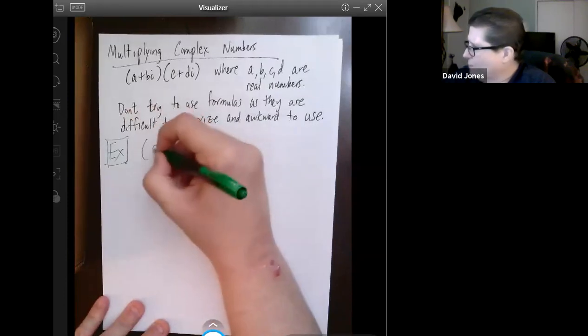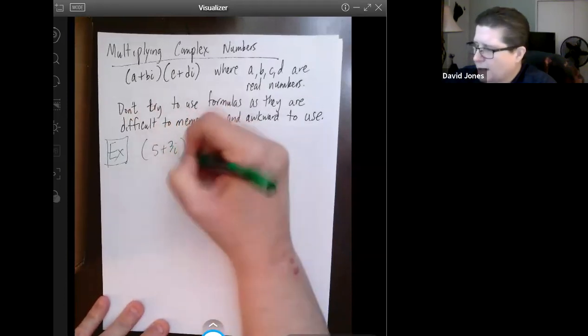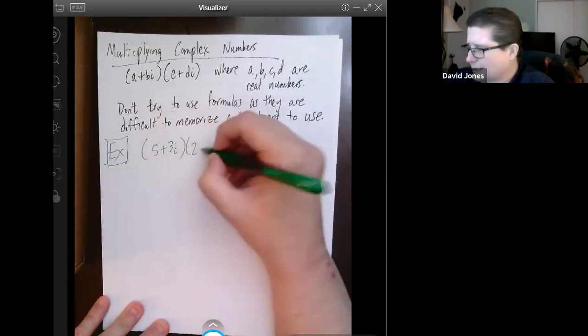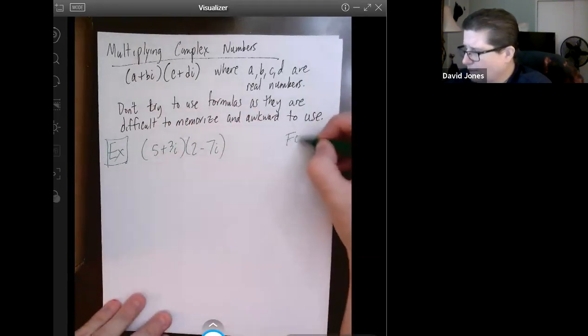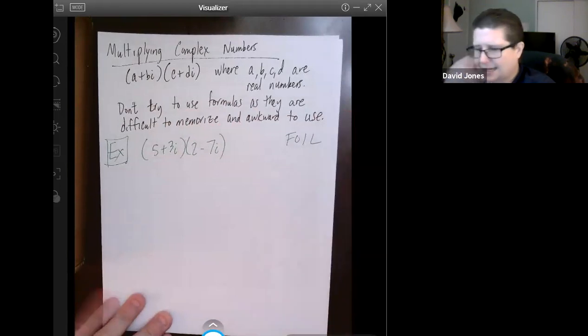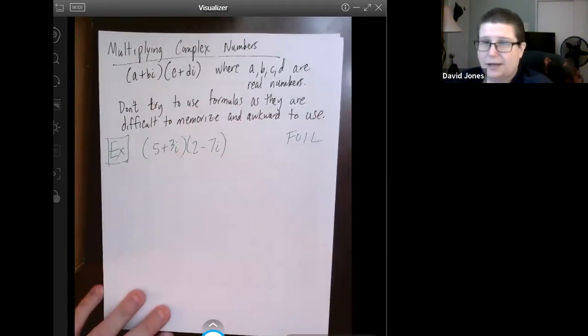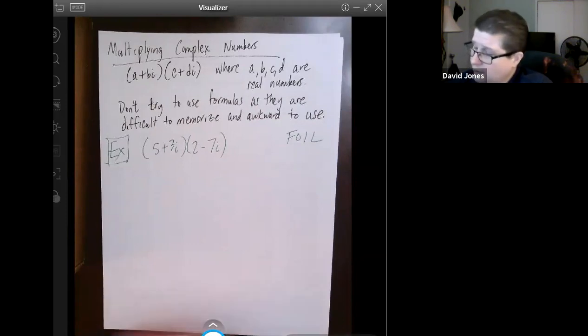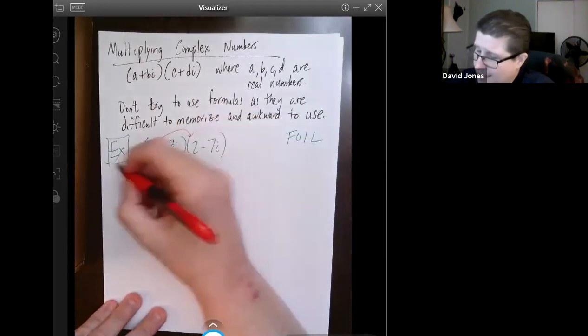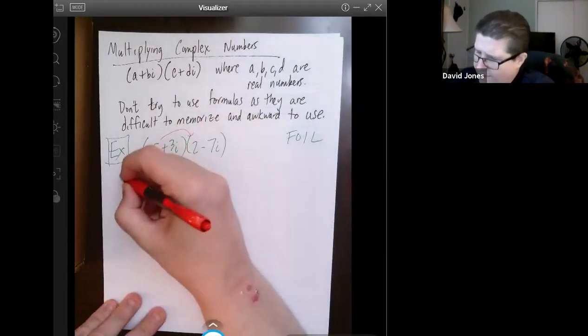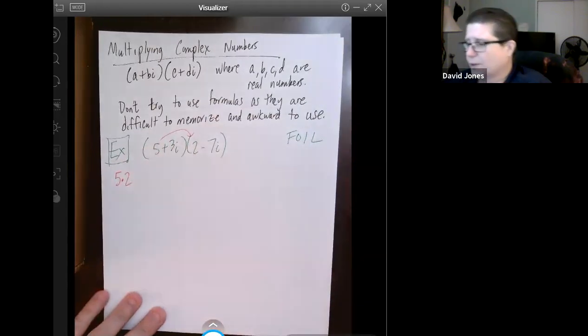Let's have 5 plus 3i, and we're going to multiply that quantity by 2 minus 7i. And we'll have FOIL going on. First, outside, inside, last, or basically distributing everything from one binomial to the other. So I've got 5 times 2 is 10. In fact, I'll write it as 5 times 2 real quick.